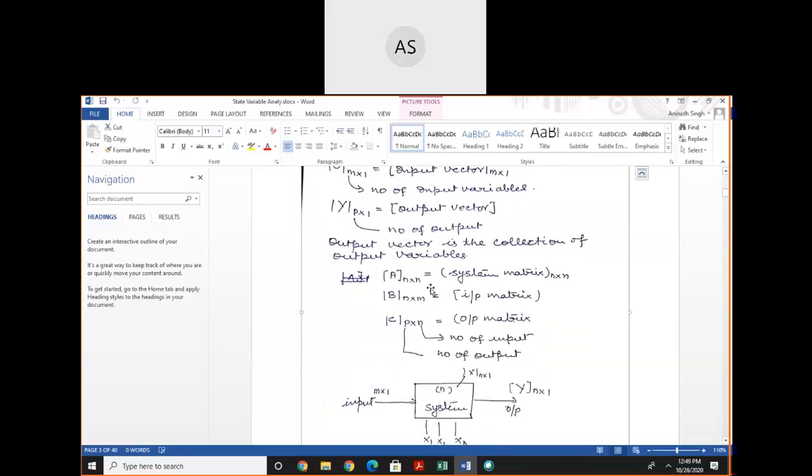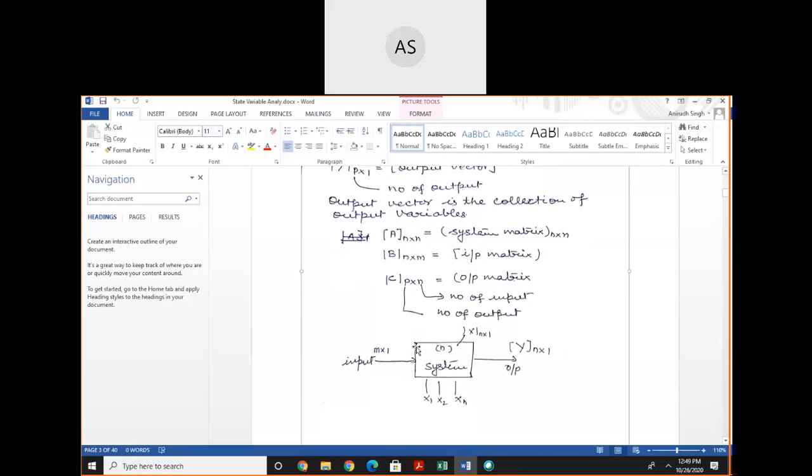Output vector is a collection of output variables. A is the n cross n system matrix and B is the n cross m input matrix. C is the output matrix. Here m is the number of inputs, p is the number of outputs.